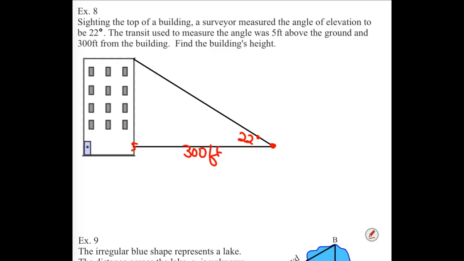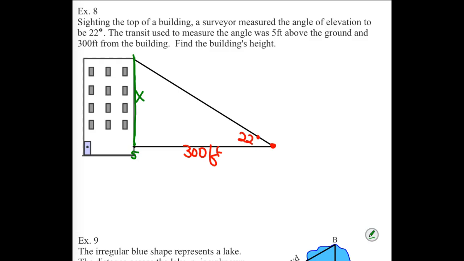So using our triangle, the building's height is all of this, correct? We're going to take off the little 5 feet at the bottom. We'll put that back on later. So we can use our triangle. We'll find x here, which only goes to the end of that triangle. And then we'll add in the 5 later.